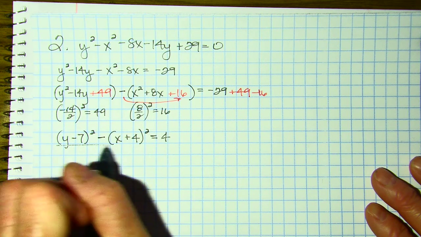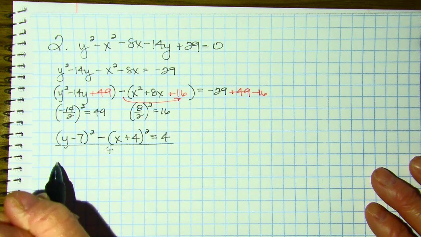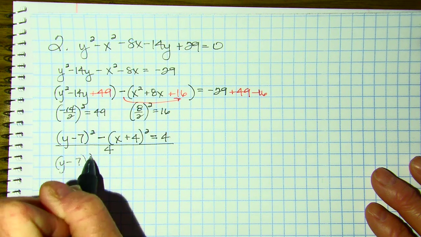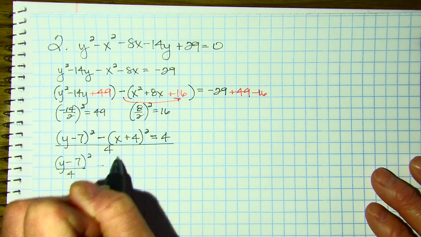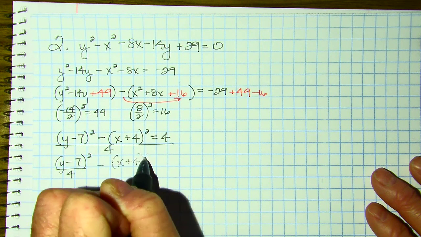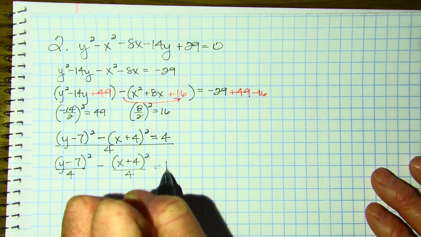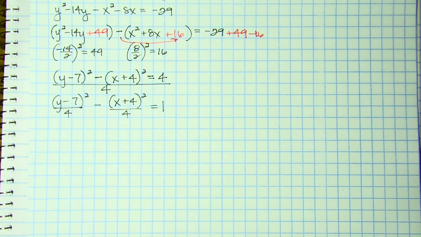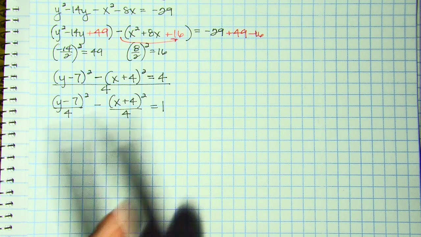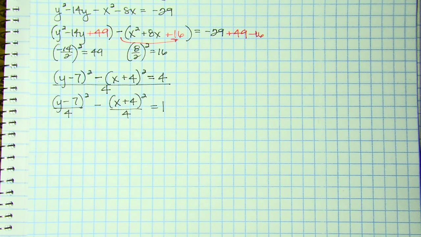So if I divide all of this by 4, I'm left with y minus 7. There's nothing to reduce over 4. Minus x plus 4 squared over 4 equals 1. So you might be thinking, why isn't this a circle? Because they have the same denominator. This could have been radius squared. It's because of the subtraction sign. So this is still a hyperbola.